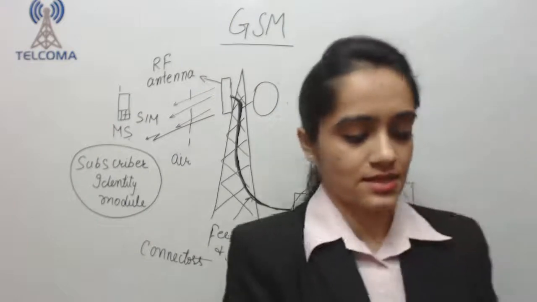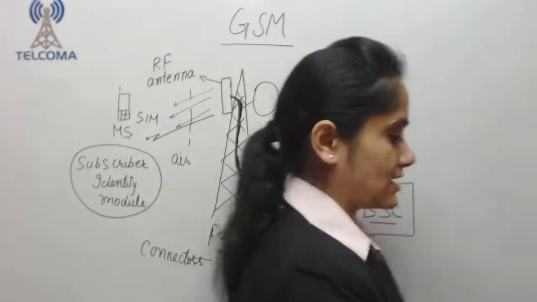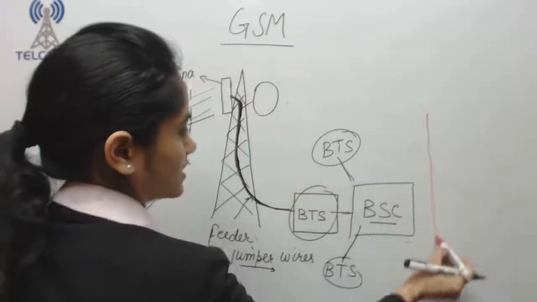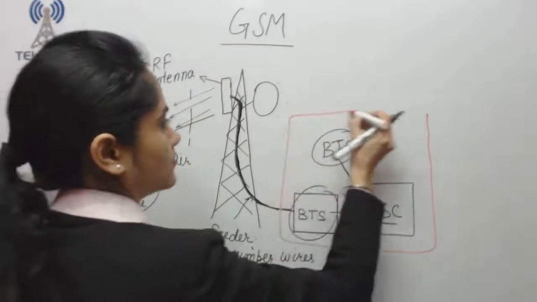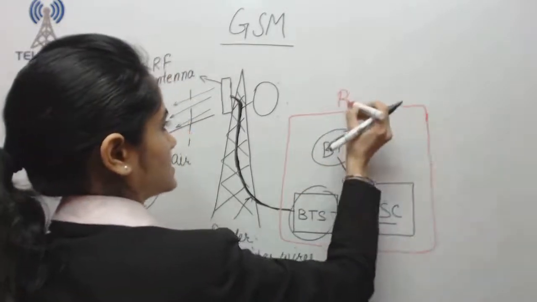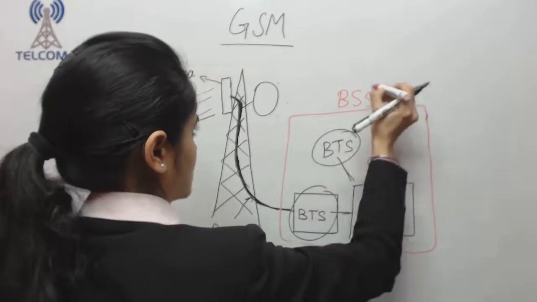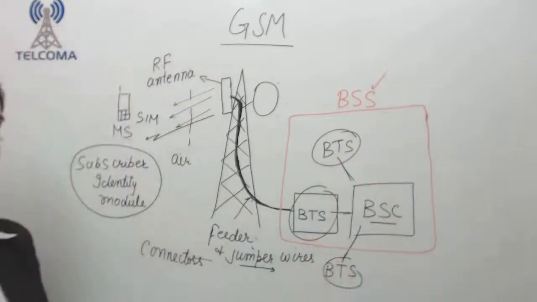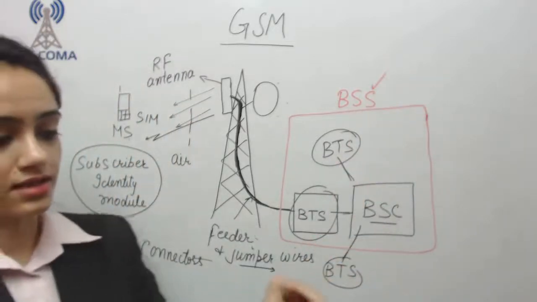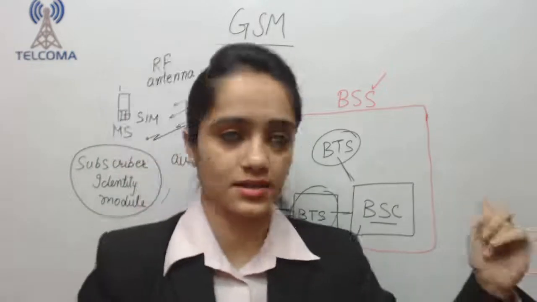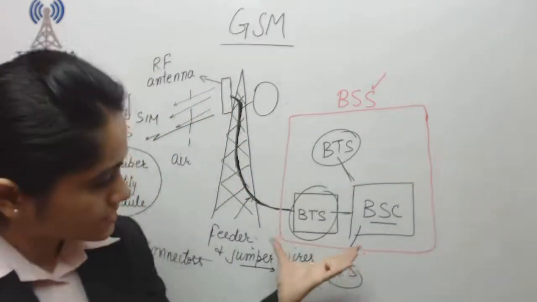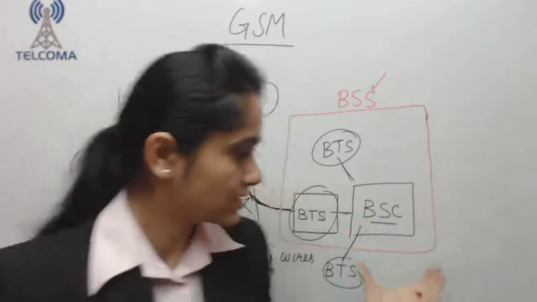This part, which comprises the BTS and BSC, we call the base station subsystem. In our network architecture description, like in our last class where we discussed the complete architecture layout, in the BSS part we have the BTS and BSC with this tower.